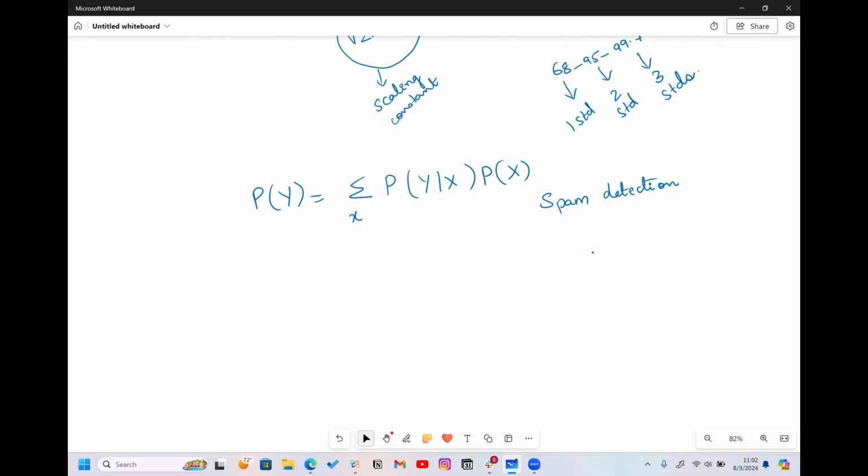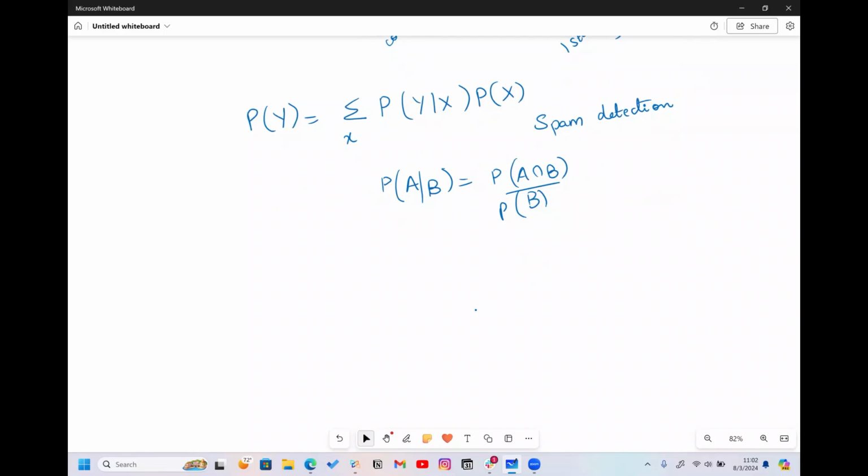So I know Bayes rule in terms of another way also. In terms of events, I know it in terms of set theory, where P of A given B is P of A intersection B divided by P of B. This is how I know.